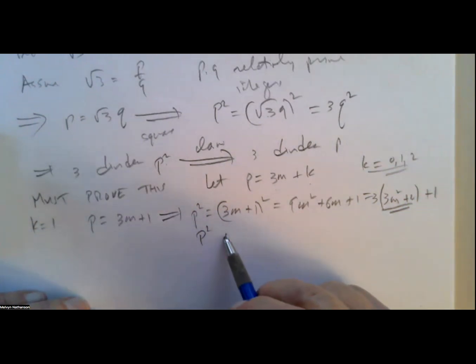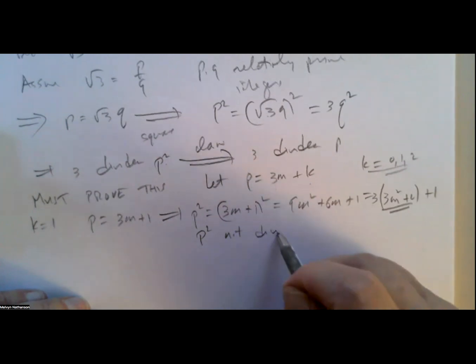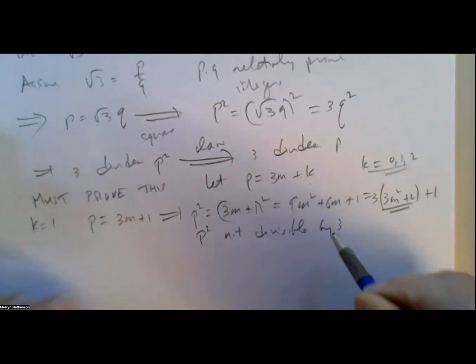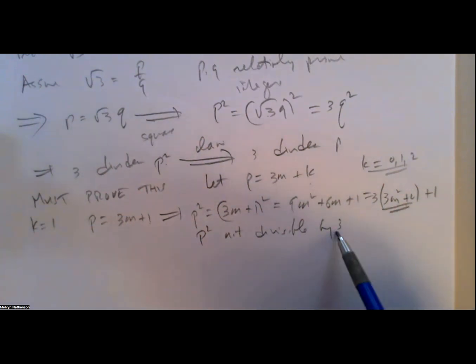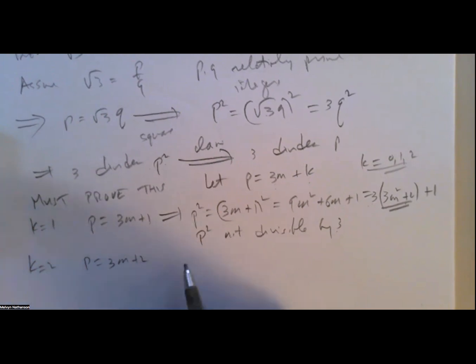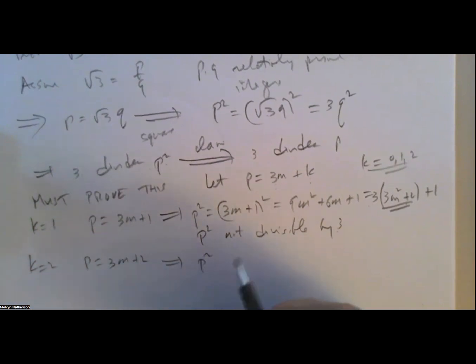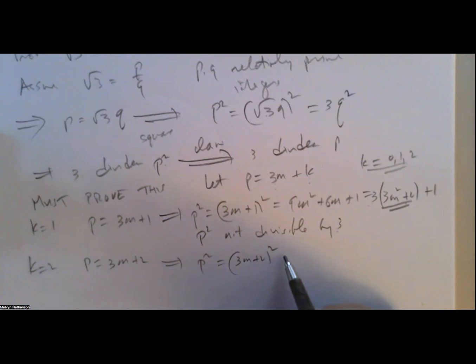This is 3 times something and a remainder of 1. So p squared is not divisible by 3. Numbers divisible by 3 means you divide it by 3 and you get a remainder of 0. If p is 3m plus 1, it has a remainder of 1 when you divide by 3. Then p squared also has a remainder of 1 when you divide by 3, so it's not divisible by 3. Suppose k is 2. So p is of the form 3m plus 2, which means p squared is (3m plus 2) squared.